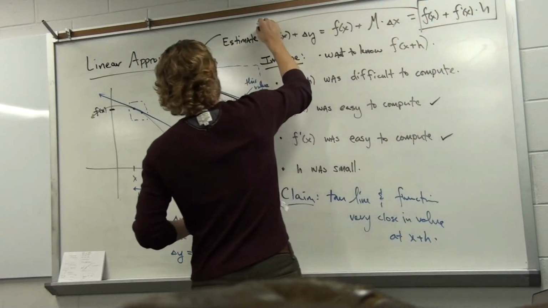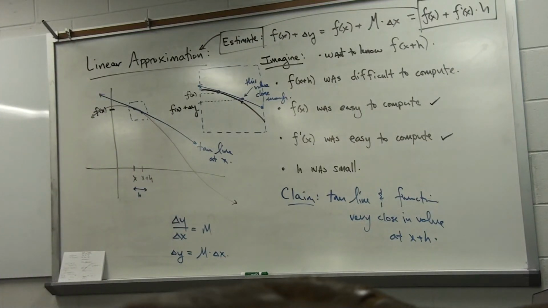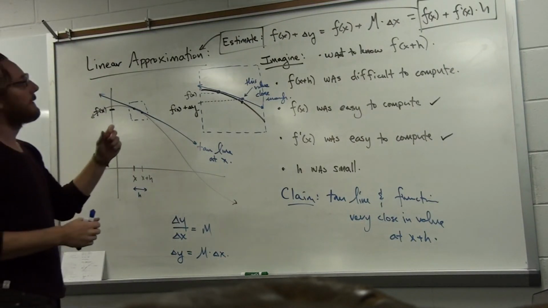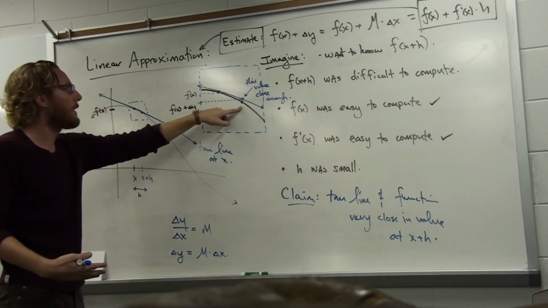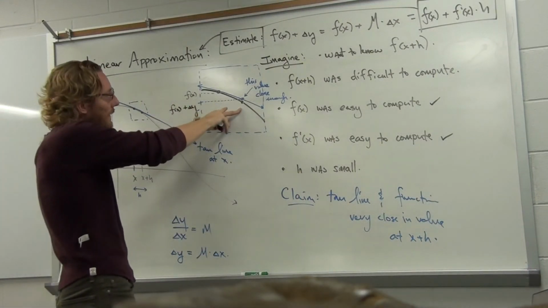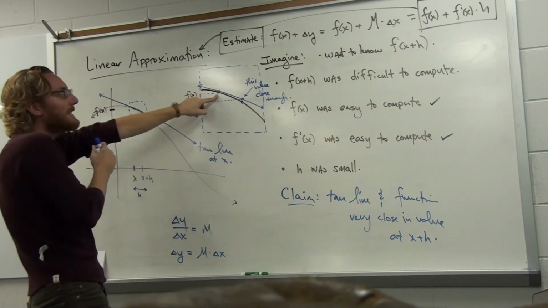Long story short, if we want to use our line to estimate the value on our function that we couldn't compute easily, we could exploit our tangent line and our point that we know that is easy to compute.